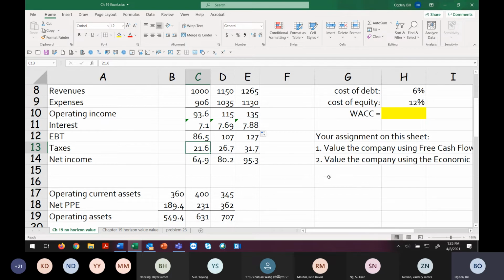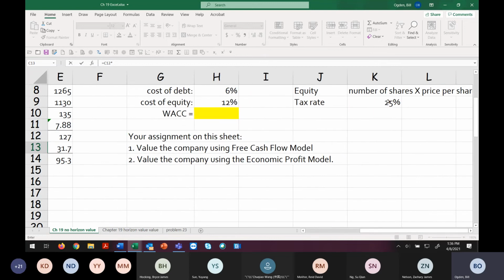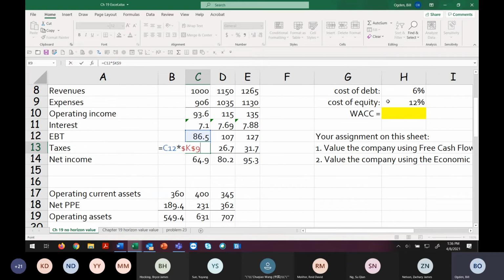So I'm going to say equals 86.5 times, and we'll come over here, and we'll catch our 25% and lock it. We'll do that. Now our models are going to sing the same song. They're going to give you exactly the same penny to penny value. Right?